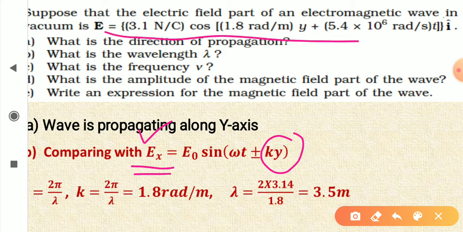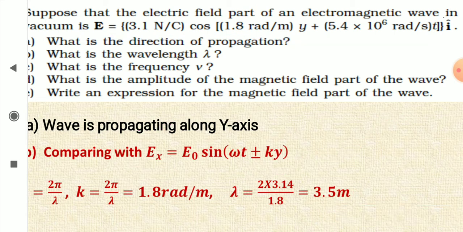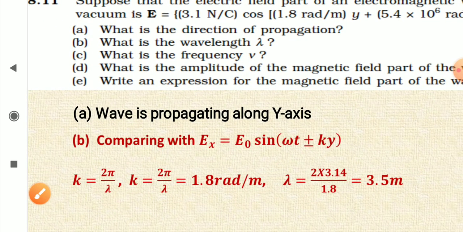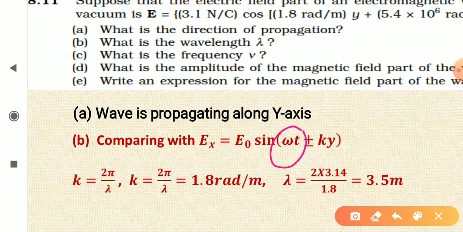Compare this relation with this relation, and if you look at this relation, you are getting omega t as 5.4 into 10 to the power 6. Let us look at this part first, ky.